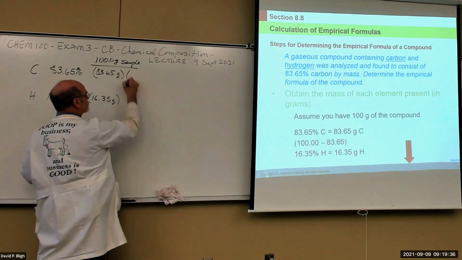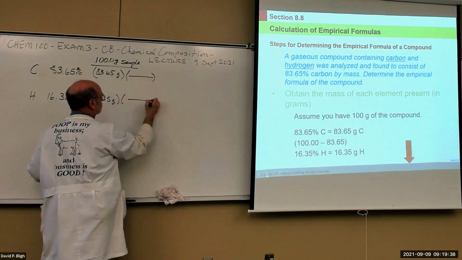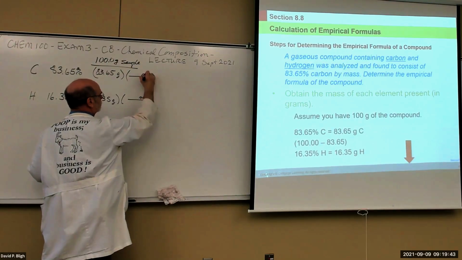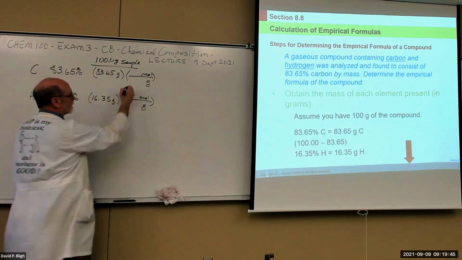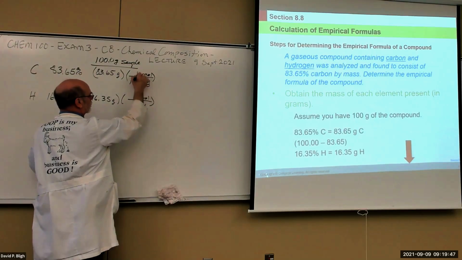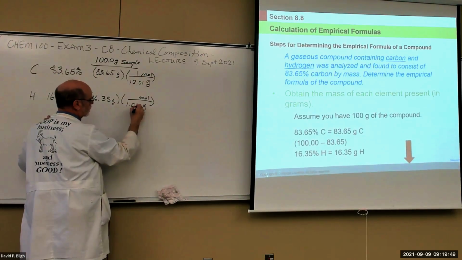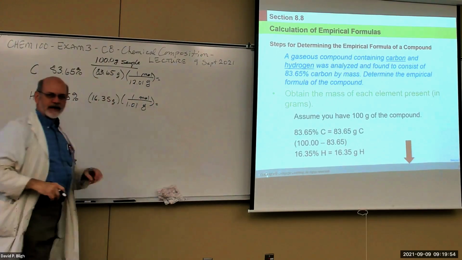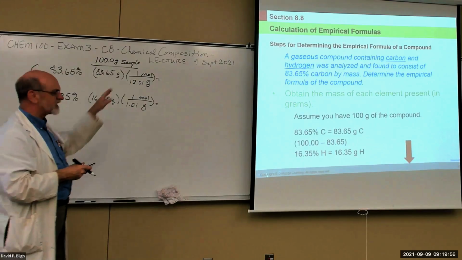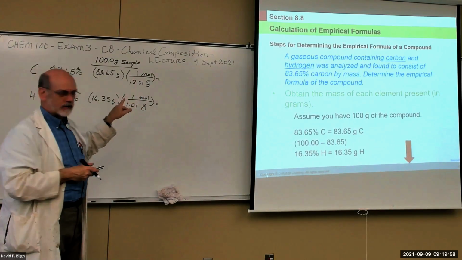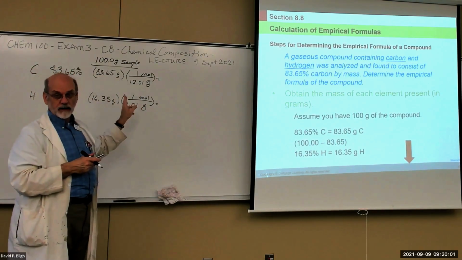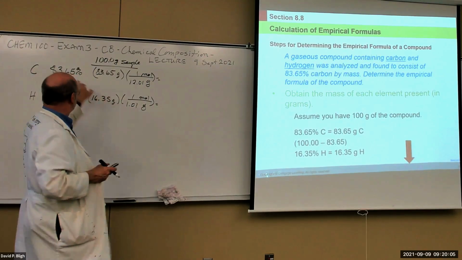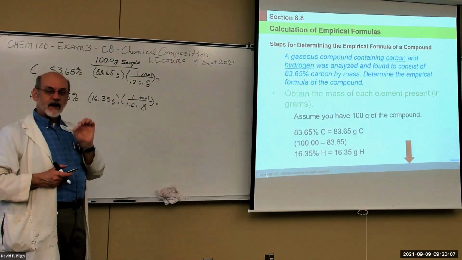So now we need to convert to moles. Right? For carbon, it's 12.01. For hydrogen, it's 1.01. Right? So we're going to do that intermediate calculation first because we need to take a look at the ratio. And we know this is not going to be a whole number. And that's what we're looking for. Right? The subscripts of the elements in a compound need to be whole numbers.